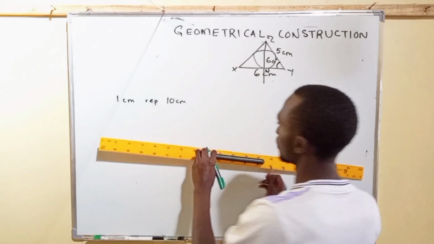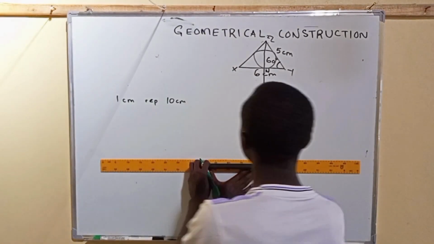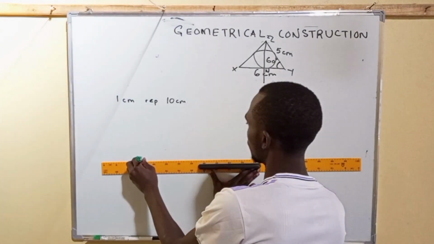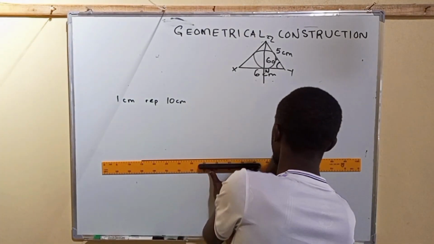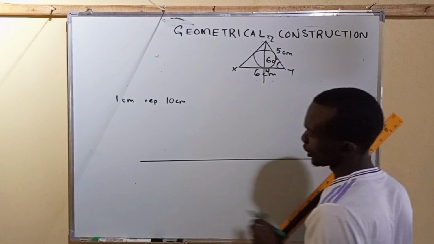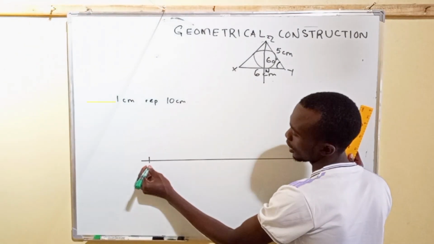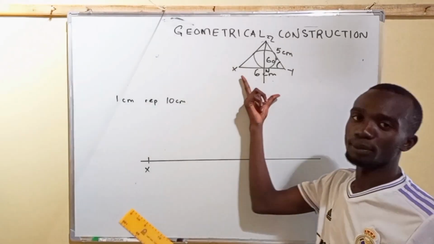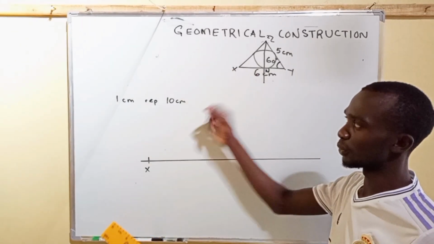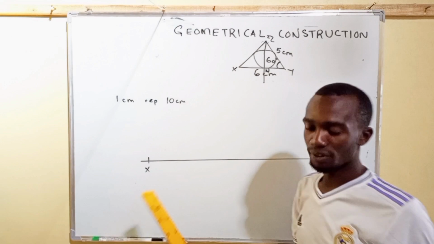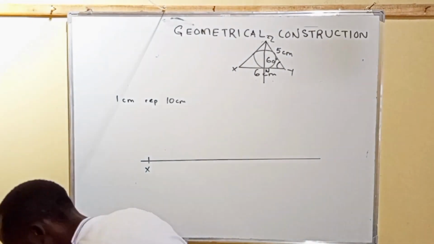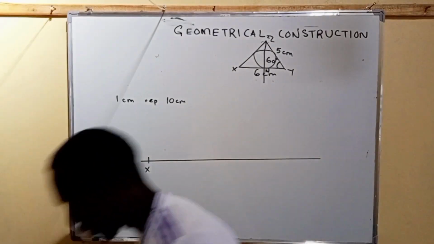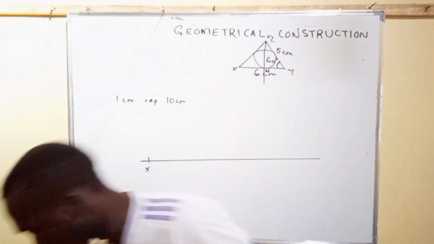So I draw a line XY. This is my point X, then I need to locate my point Y. It should be 6 centimeters, so 6 times 10 should give you a length of 60 centimeters. Using the compass, I measure 60 centimeters.